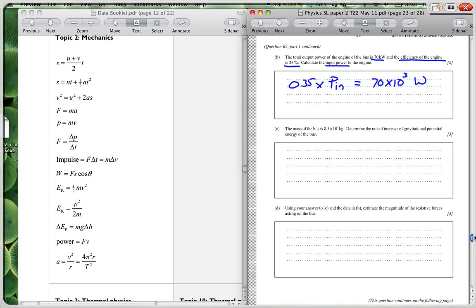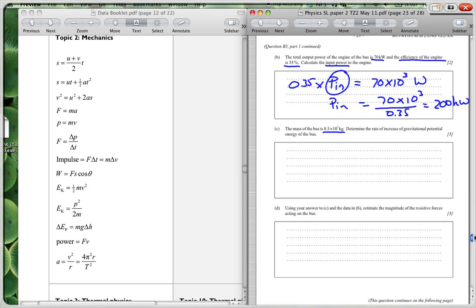And we want to work out this input power, so that input would equal 70 times 10 to the 3 divided by 0.35, and that value is 200 kilowatt, like that.